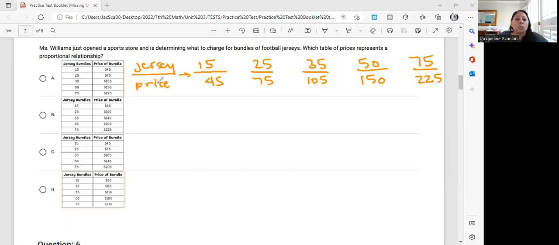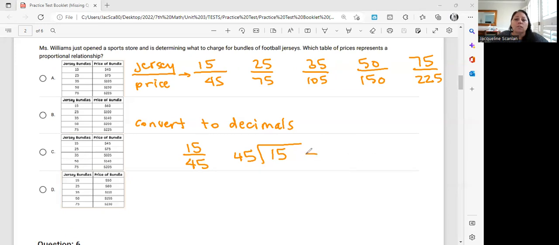The fastest way to compare fractions is to convert them all to decimals. And in order for me to do that, I'm going to show you with the first one, 15 over 45. I would take my numerator, my top number, and divide it by my denominator, my bottom number.